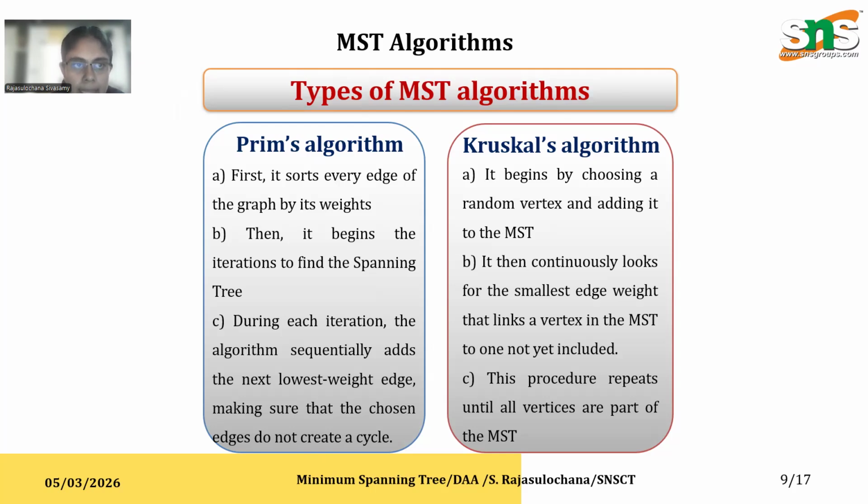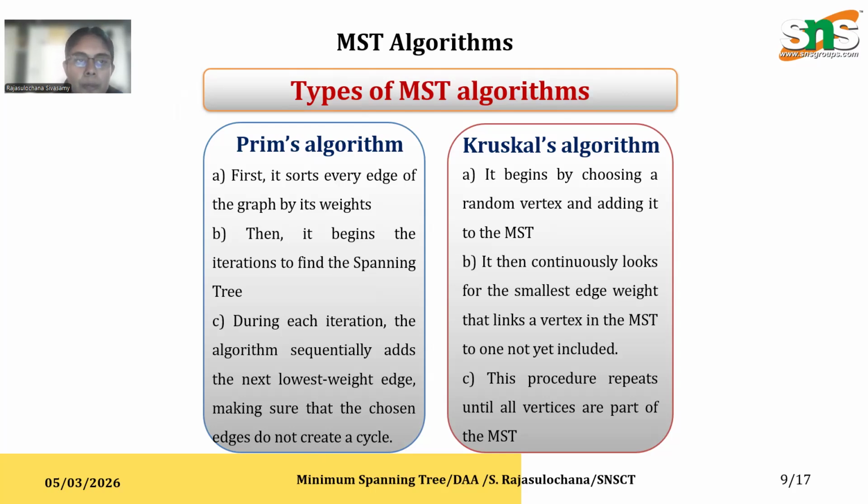If it forms a cycle, you discard that edge, because a spanning tree does not have any cycles. You repeat this process until all the vertices are part of the minimum spanning tree. The sum of the edge costs will be the cost of the minimum spanning tree. This is the working of Kruskal's algorithm.